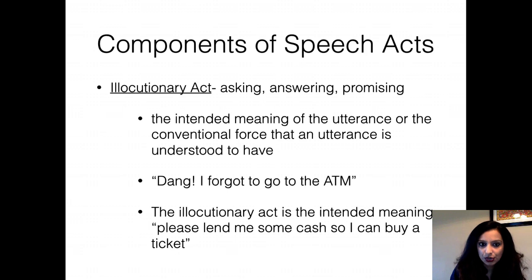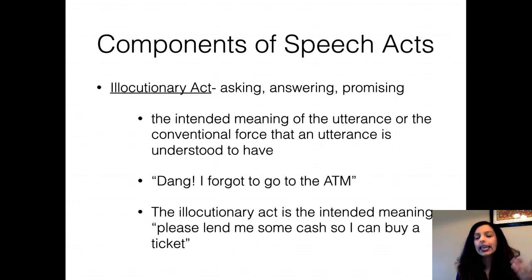The illocutionary act of the same statement is basically, suppose you and your friend have gone to AMC to watch a movie, and you realize that the card machine is not accepting any cards and you don't have any cash on you, and you say, dang, I forgot to go to the ATM to your friend.